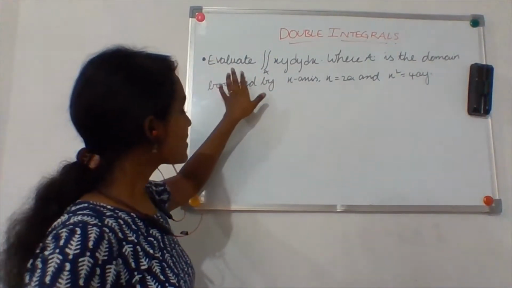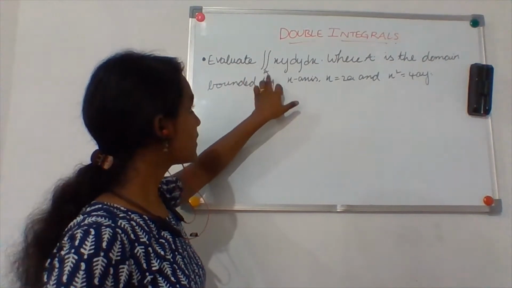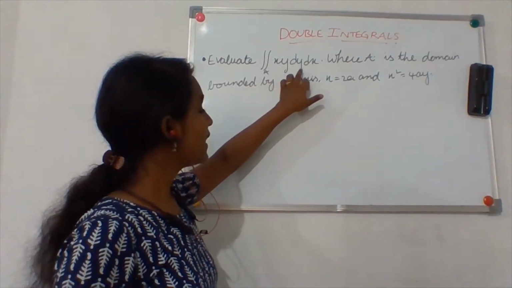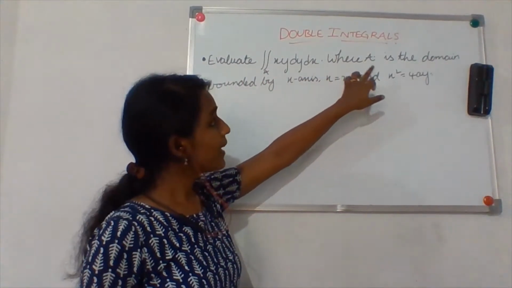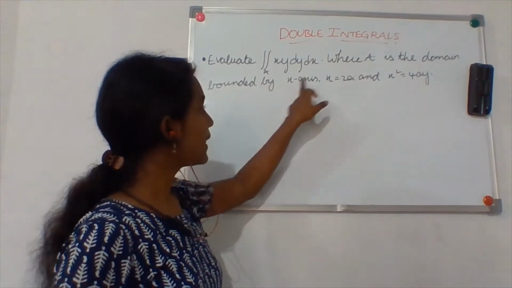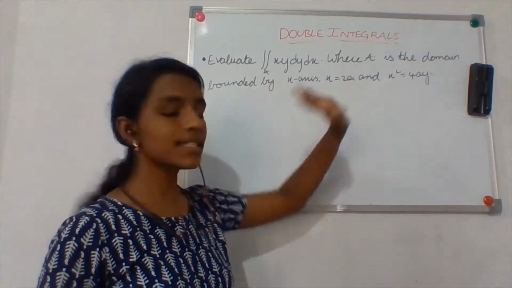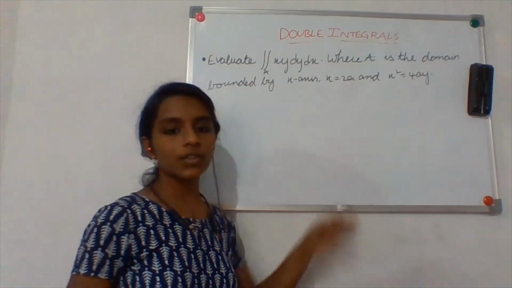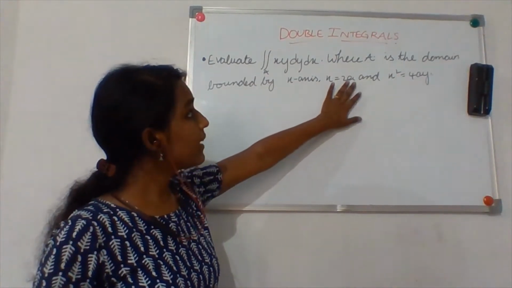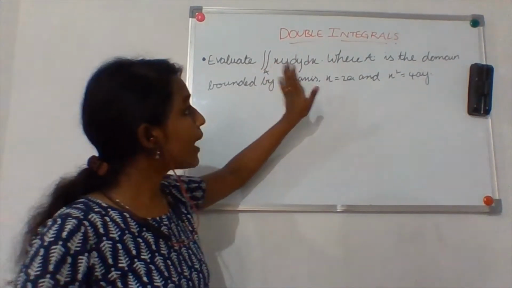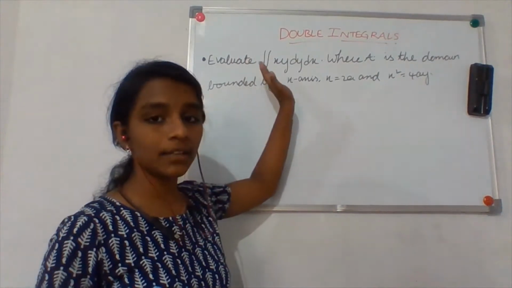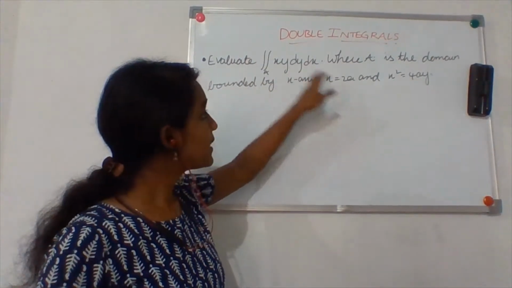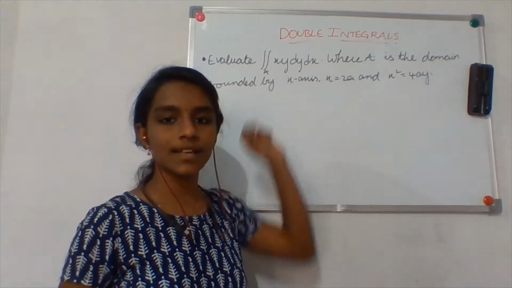What is the sum? Evaluate the integral of xy dy dx where A is the domain bounded by these curves. Okay, so these are the curves given, and we have to evaluate the value of this within the region bounded by these lines.